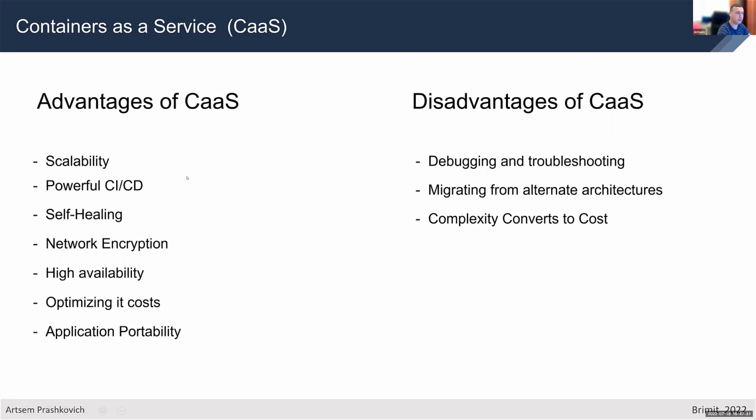Powerful CI/CD process. This also comes from the origin of Kubernetes. Kubernetes provides blue-green deployments out of the box. So when we deploy a new version of the application to our Kubernetes instance, the old one still works, and the old traffic goes to the old one, even while the new one is running.